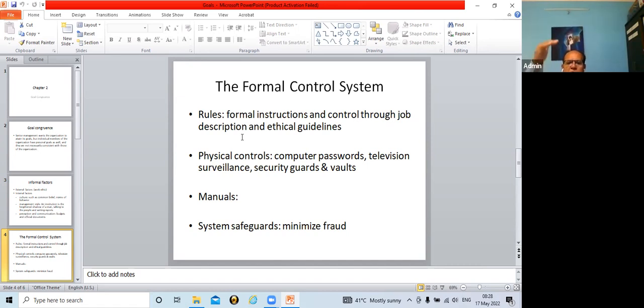Like stepwise instructions. Like in a computer also, the computer follows some instructions. First we have to press the start button, then it boots our system. Then we insert our password. Once we give the password, the computer system also verifies whether the same person is operating the computer or not.